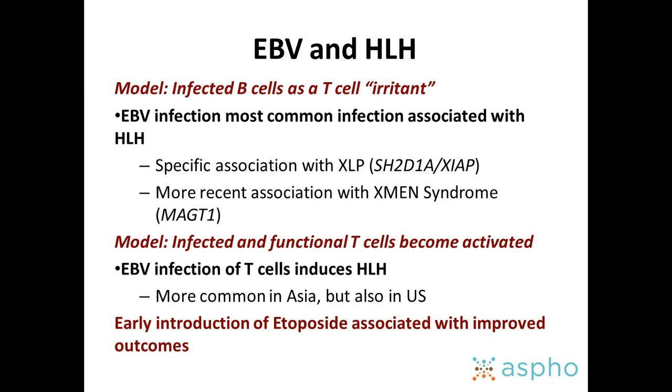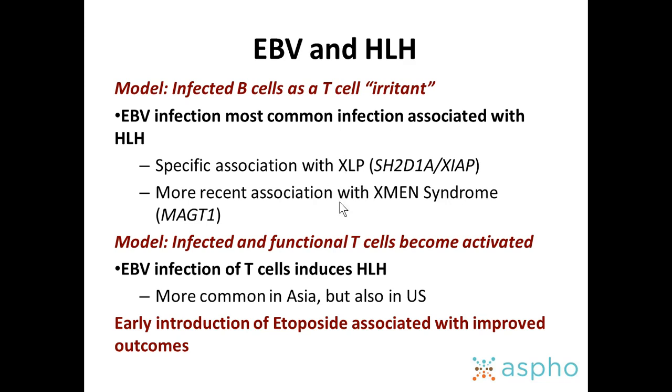So EBV merits special attention. If you see EBV and something that looks like HLH, there's probably HLH because it's a really classic association. We think that what happens is that these infected B cells perpetually irritate the T cells and lead them to have this exaggerated response. We're also seeing some associations with XLP.